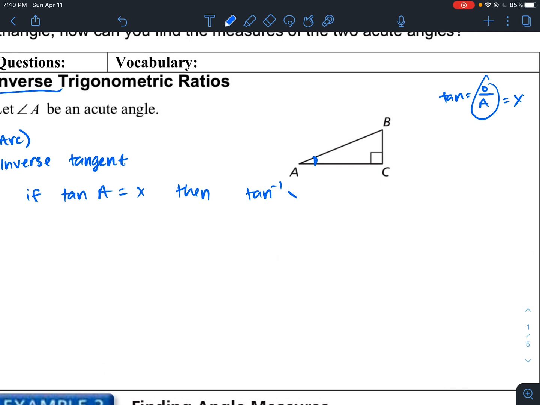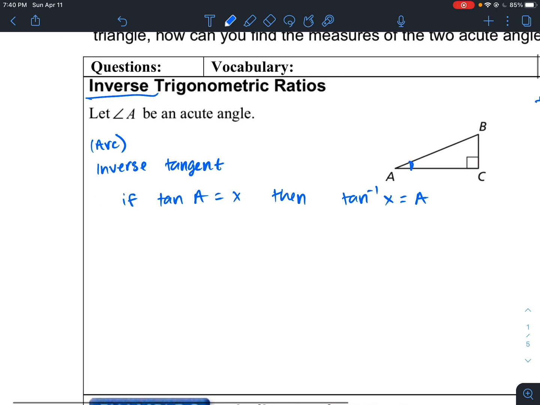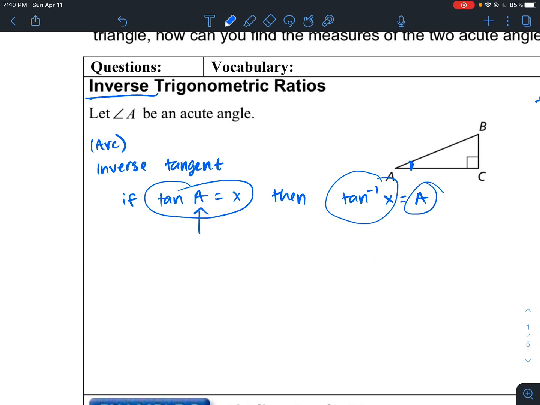So tangent inverse of x would be equal to A. So you see here that we have tangent of A is equal to x. If I want to solve for whatever angle this is, then I can use the tangent inverse to get rid of this, and I take the tangent inverse of both sides, and that's how I can find A.